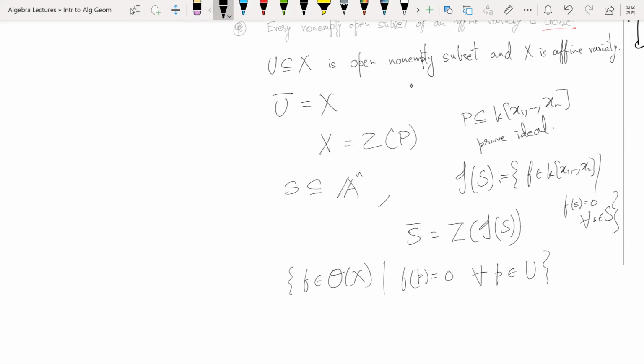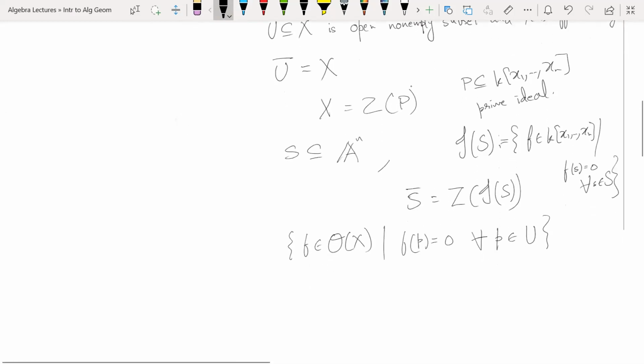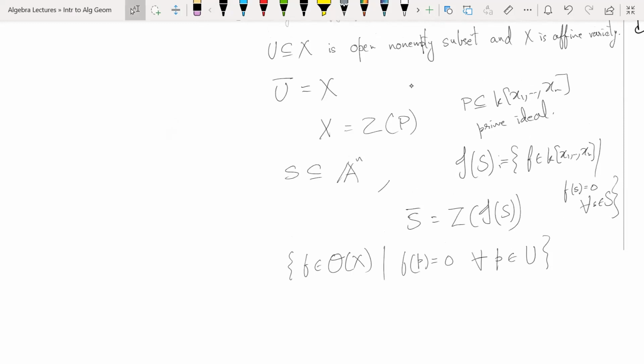X is irreducible. So if U closure is smaller than X, then U bar and X minus U, maybe that is a smaller proof. So X is irreducible, and one can use that. If U closure is properly contained in X, then this is closed.